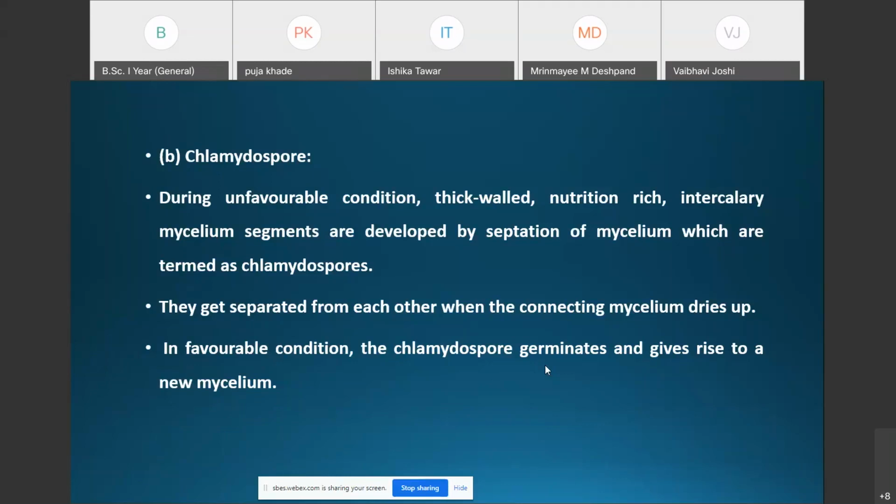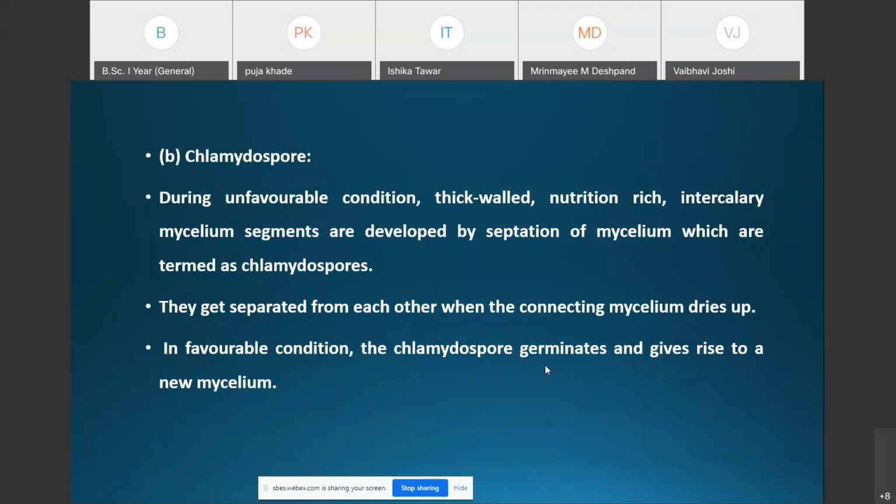Unfavorable condition means the proper temperature is not there and optimum moisture is not available. At that time the intercalary mycelium accumulates a huge amount of food material, secretes a thick wall around itself, and lives through the unfavorable environmental conditions. That particular structure is called the chlamydospore.